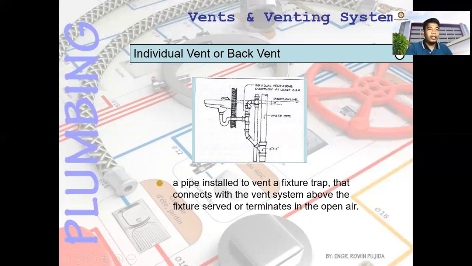Sometimes, if this is not connected to the main vent, this is usually put at the back of the wall of your toilet and bathroom. Sometimes it terminates to open air, so it never connects to your main vent. Okay, it depends on the design.